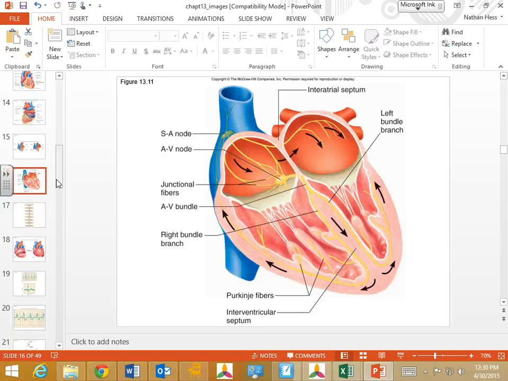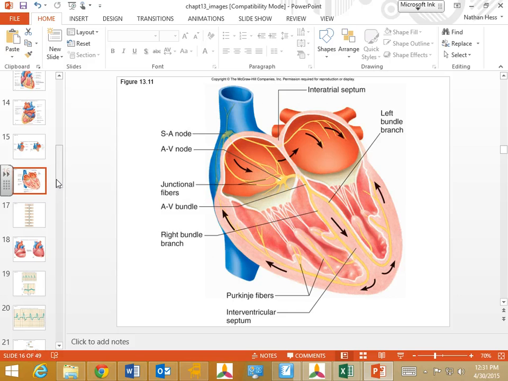And that produces the depolarization, the signal, right? Remember when we talked about the nervous system? It produces the signal that gets sent down these nerve fibers in the heart to cause part of it to beat. And it does not need the brain to tell it to beat, whereas most everything else in our bodies needs the brain to tell it to work, right? The heart takes care of itself.